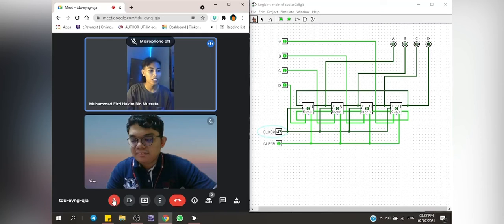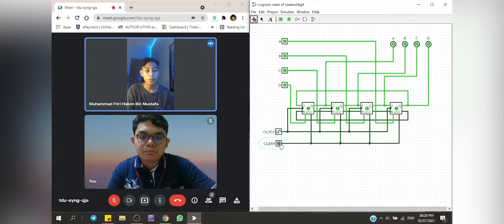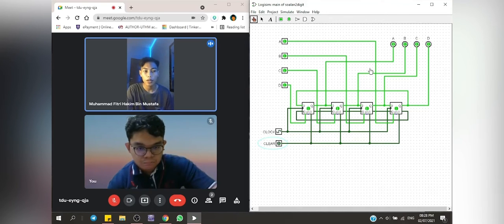For the clear asynchronous, line number 9, the clear is 0, input D is 1, C is 1, B is 1, and A is 1. Output will be D1, C1, B1, and A1.